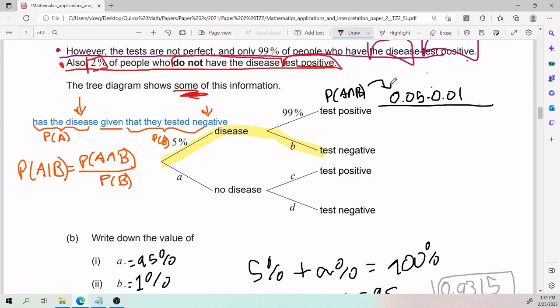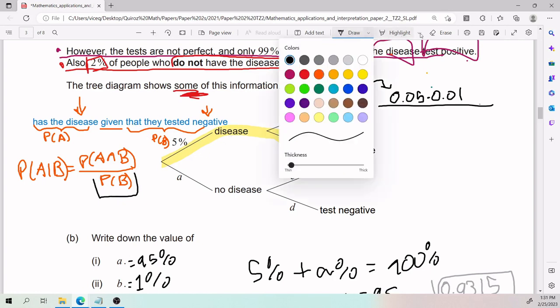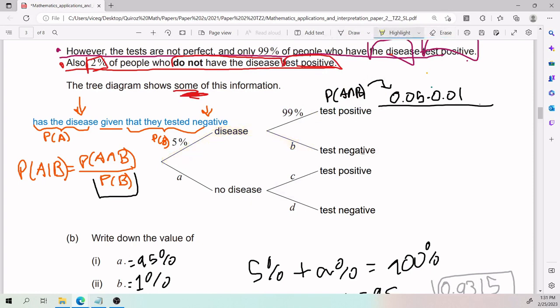All right. And on the bottom, which is probability of just B, we have that they tested negative. What are the scenarios where they tested negative? We have the scenario that goes like this, tested negative, and we have the scenario that goes like this. They also tested negative, going through this path here, which is actually what we did for part B. And we saw that we had to do 0.05 times 0.01 plus 0.95 times 0.98.